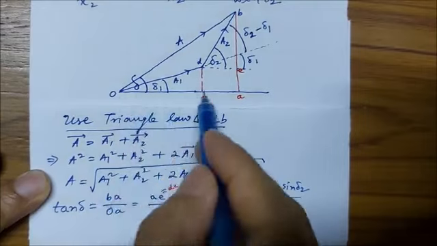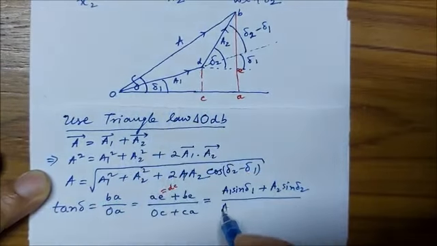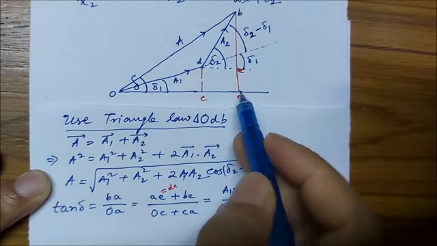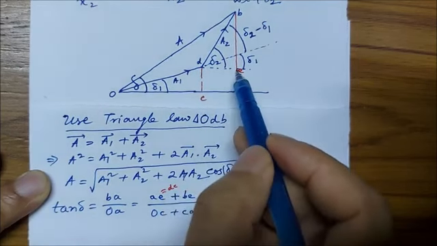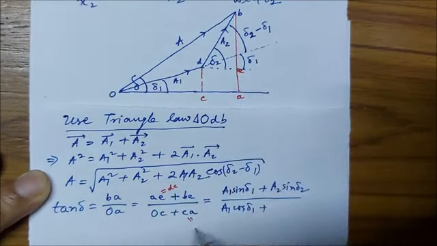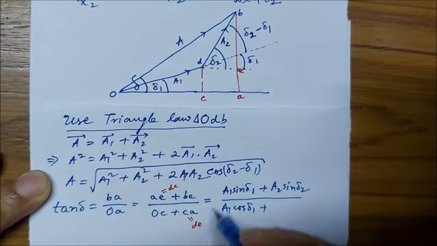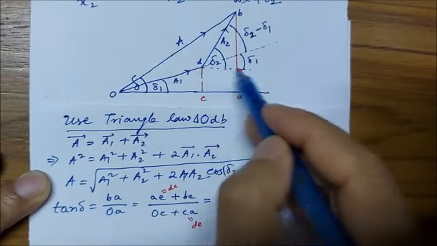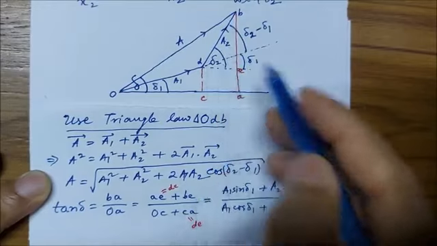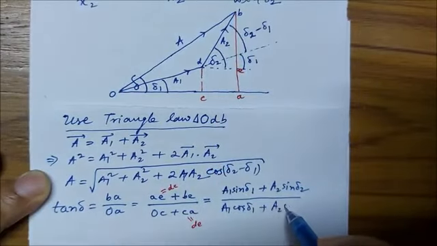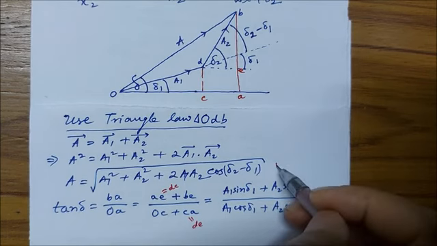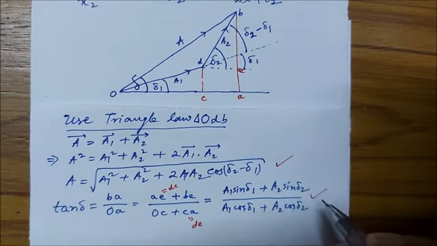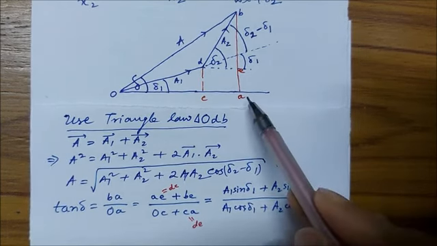OC is A1 cos delta 1, and CA is actually DE, which is therefore A2 cos delta 2. Clearly, the expressions have been reproduced from this phasor representation.